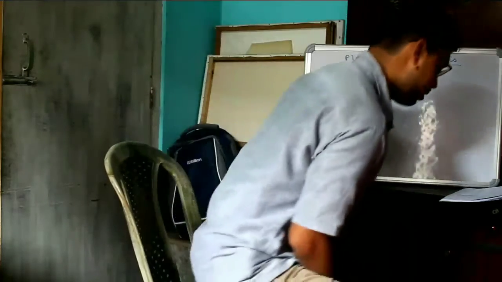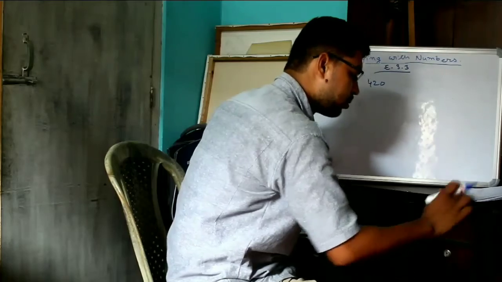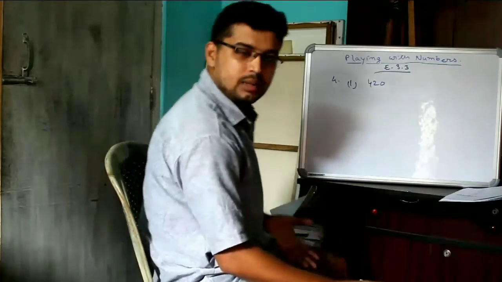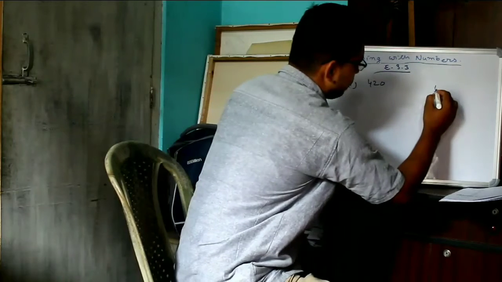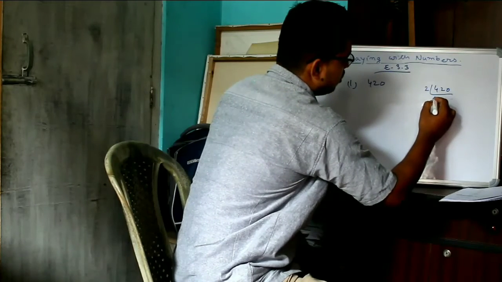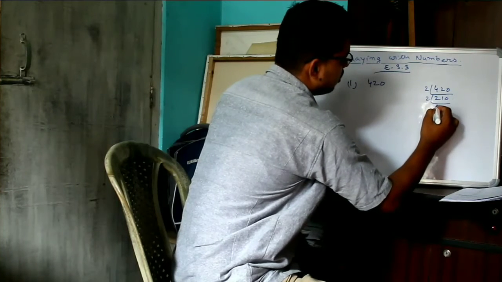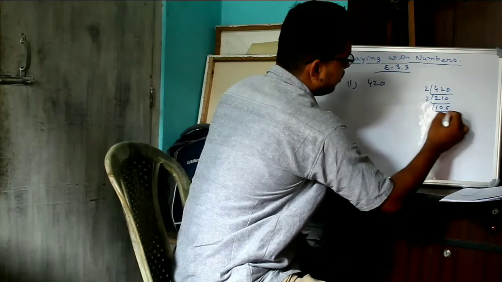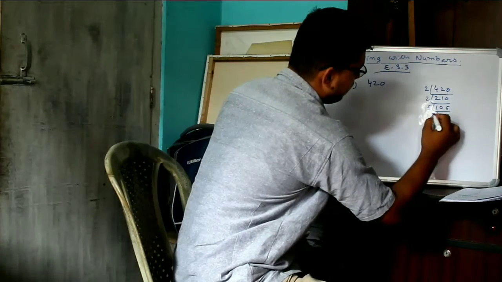No method is mentioned, so we can use the division method. 420 divided by 2 is 210, then 2, 105, then 3, 35, then 5, 7.